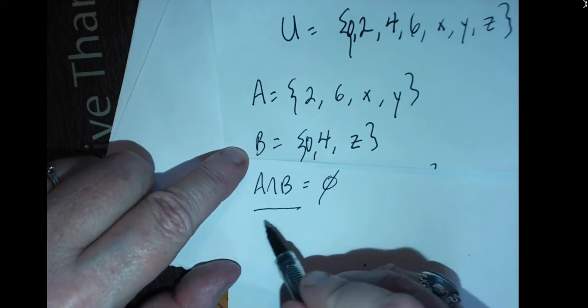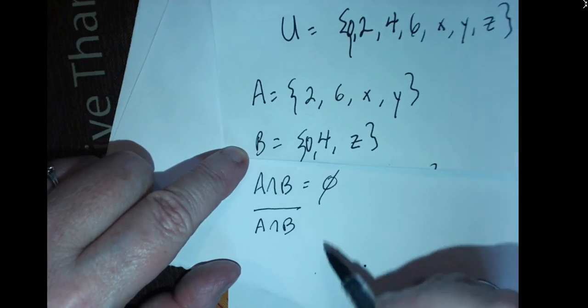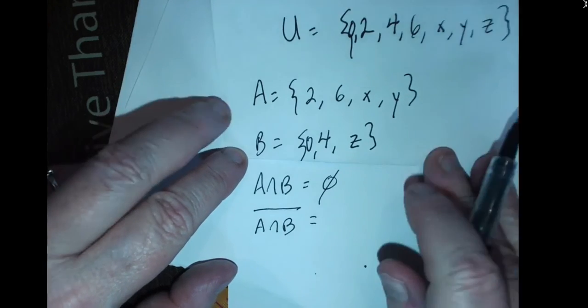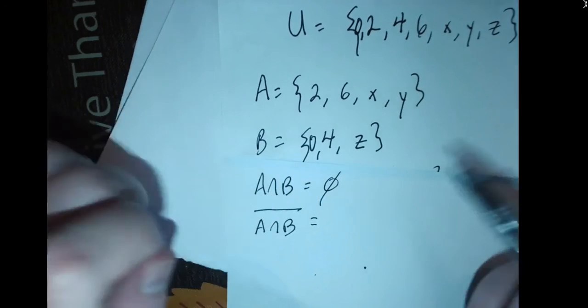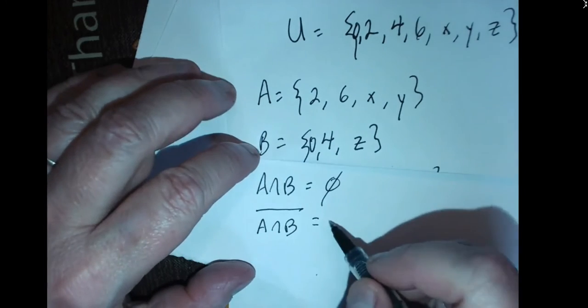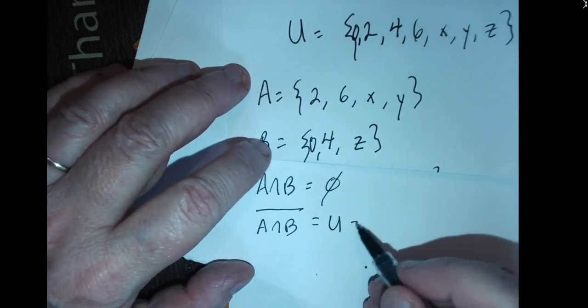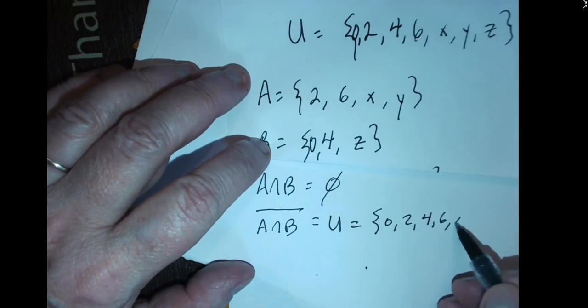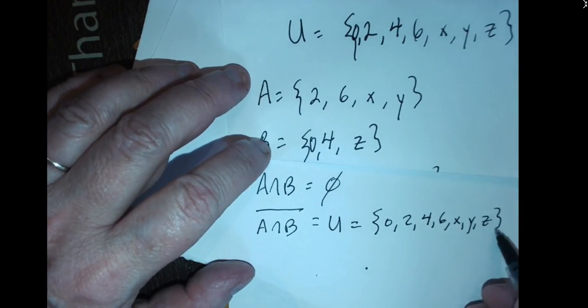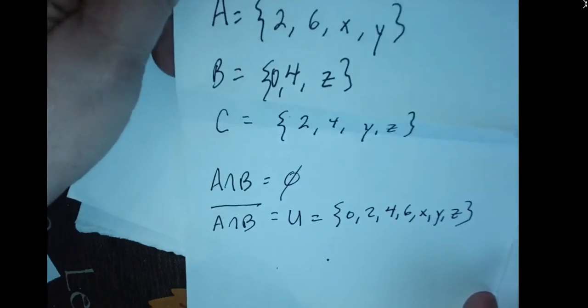So what is the complement of the null set? Well, it's going to be everything in the universal set that's not in here. And so we actually get the universal set. So everything. So if they have nothing in common, then the complement of that is going to be that. Okay, any others that I can think of?